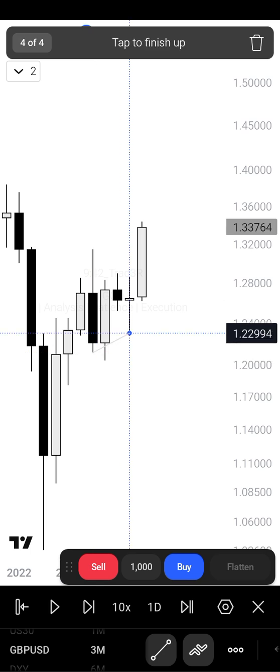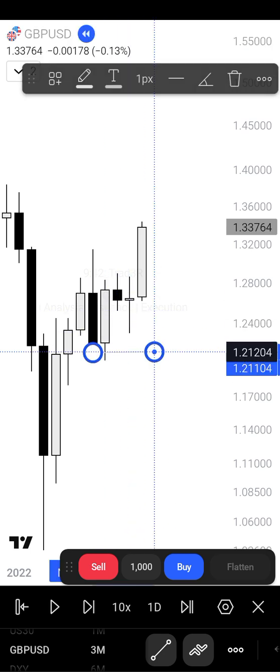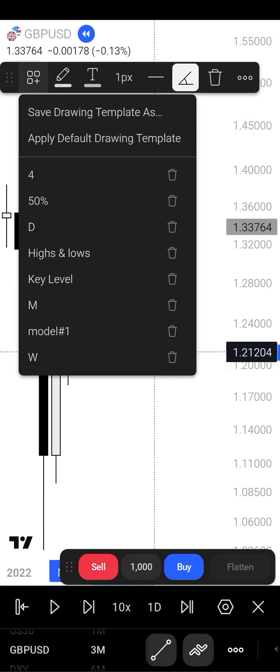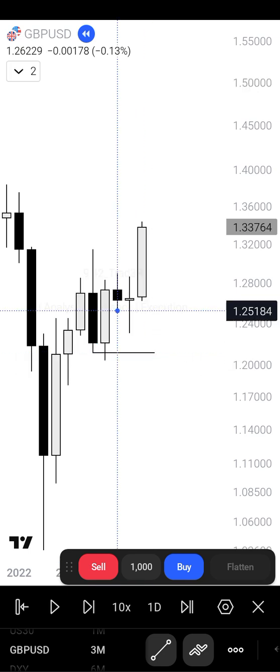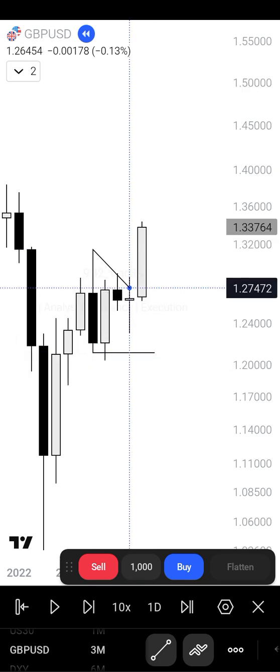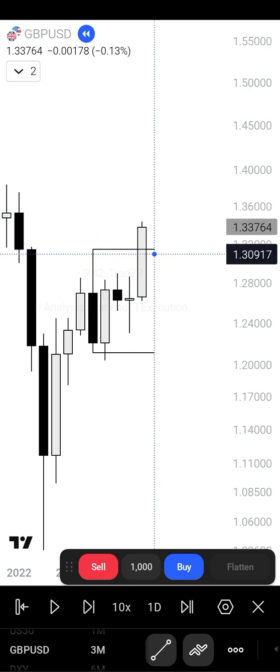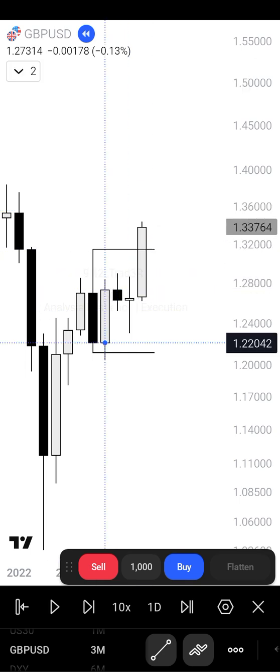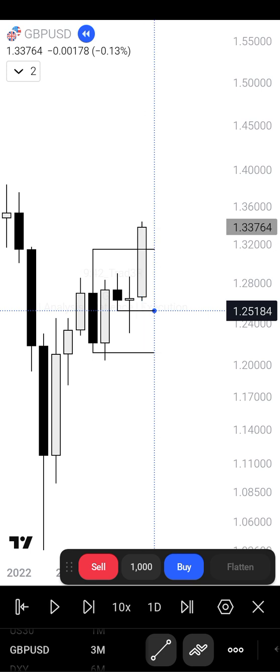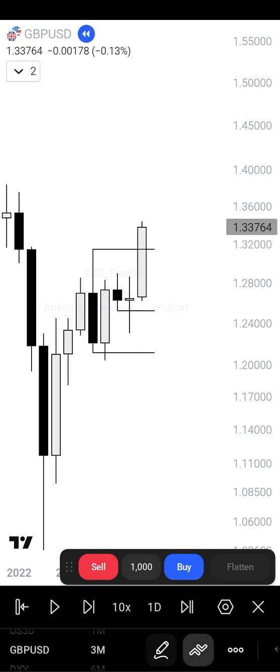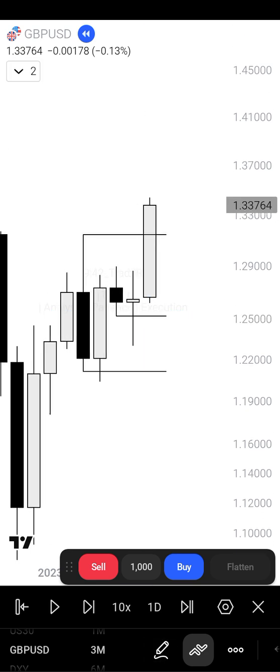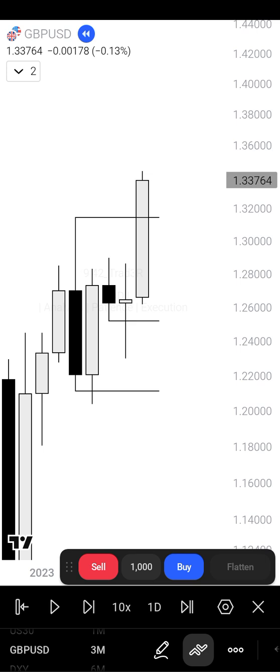You can see this rejection of the previous 3 month low, and we are breaking and closing above the old highs. Before we close above this high, price rejected the lows twice. So this is telling you that we are bullish. We are rejecting the old lows and breaking and closing above the old highs.